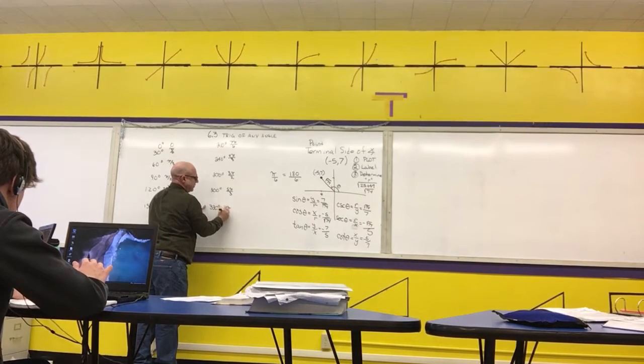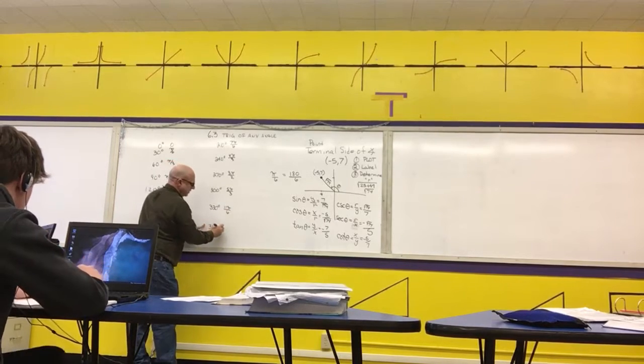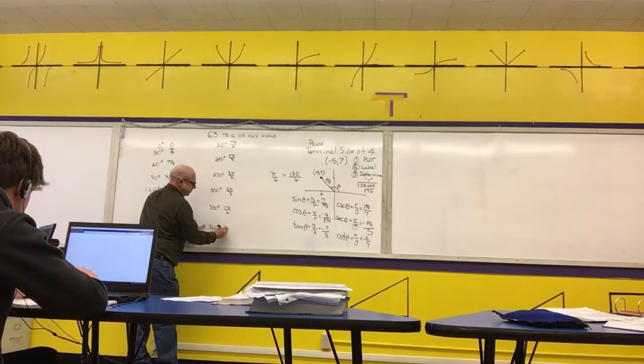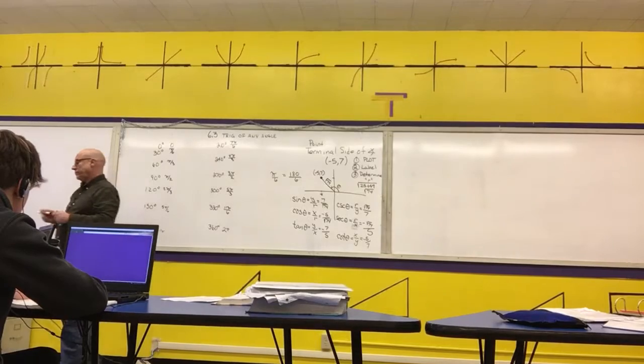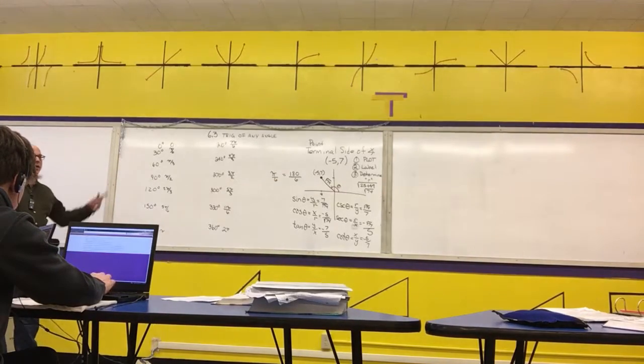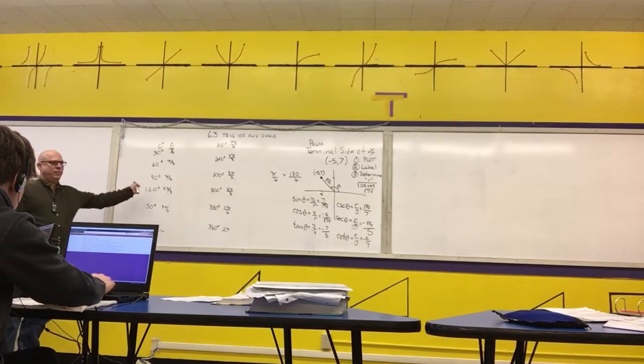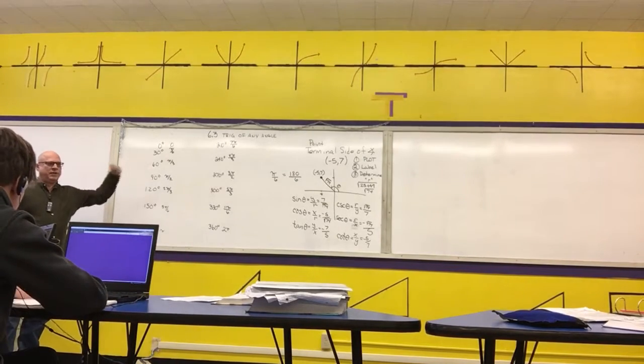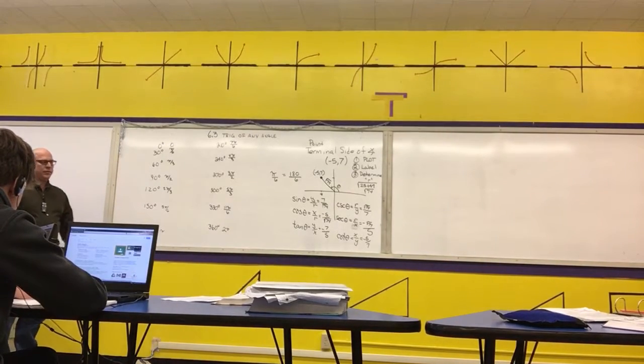And then 12 pi sixths is 2 pi. So that's how I remember what my radians are that go with each one of the pi sixth multiples.